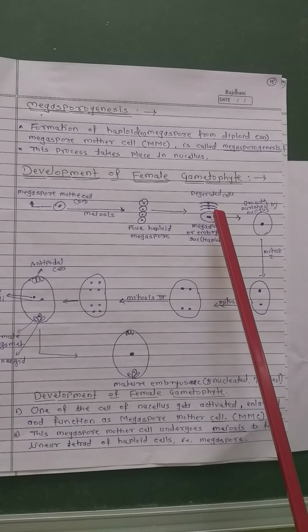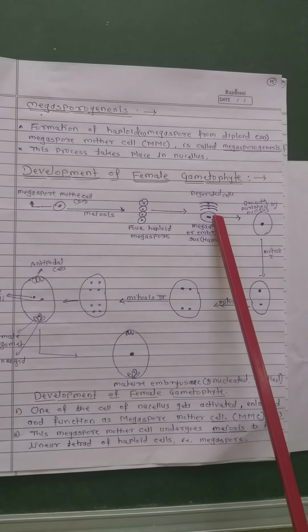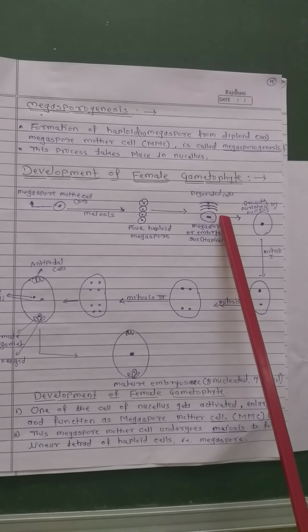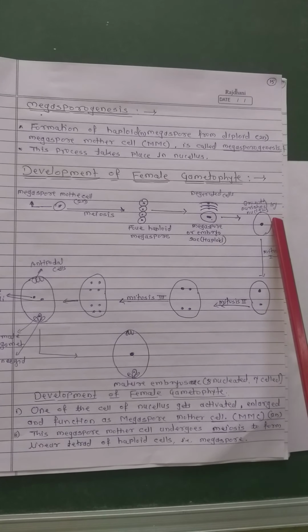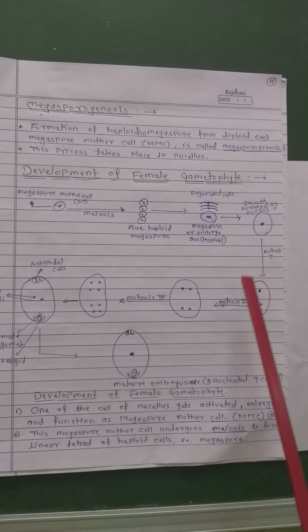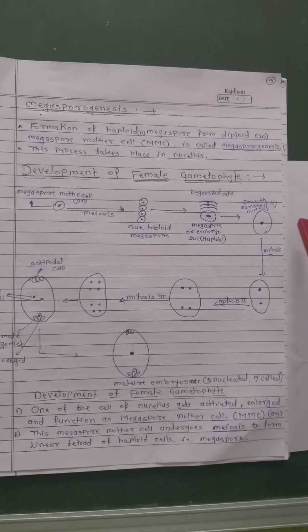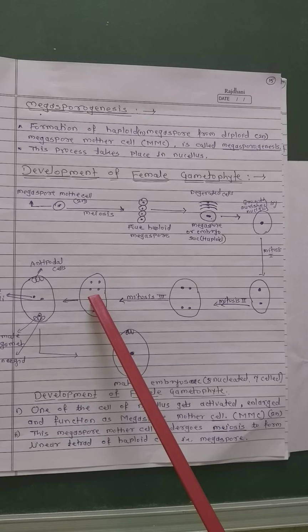It is also called the functional megaspore. It acts as the first cell of the female gametophyte. The megaspore nucleus undergoes three successive free nuclear mitotic divisions to produce 8 nuclei.